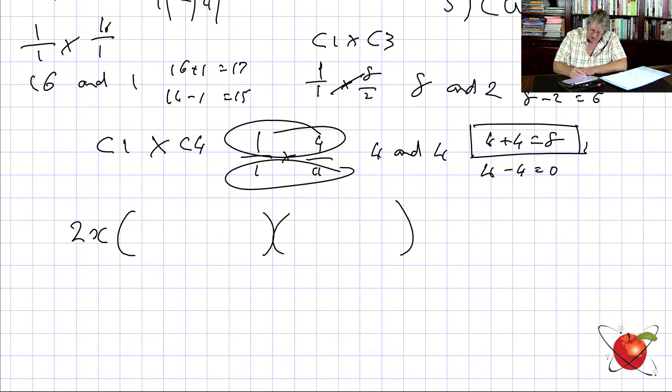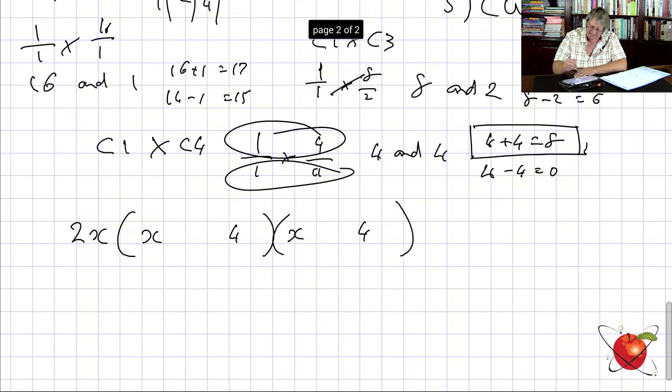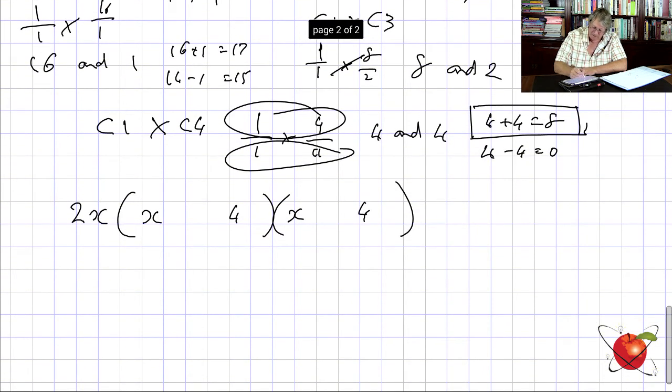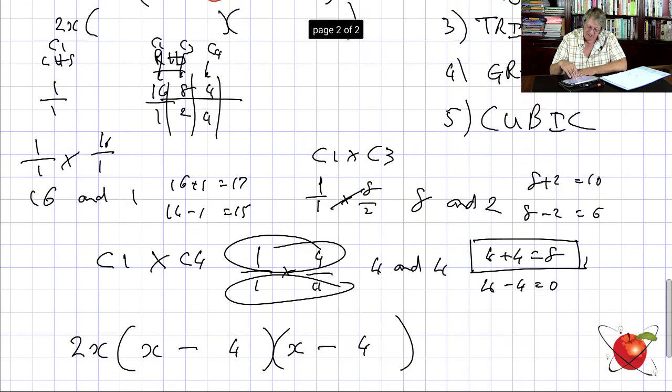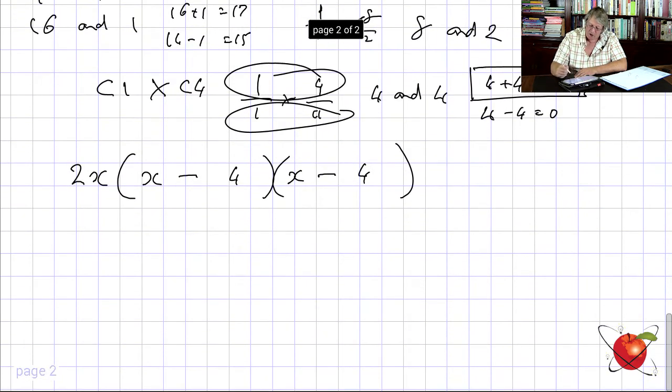Over here I've got 1x and 1x, and I've got a 4 and a 4. Now let's have a look, I need a minus 8. So it's a minus, minus, and a minus, which gives me plus 16, which is the answer that I want. What do I do next?